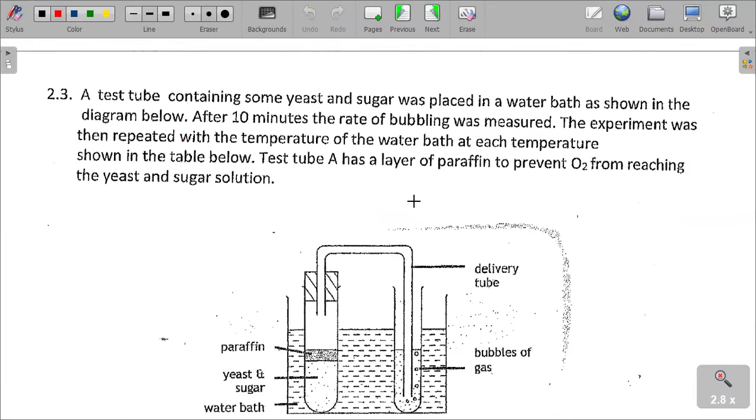A test tube containing some yeast and sugar was placed in a water bath as shown in the diagram below. After 10 minutes, the rate of bubbling was measured. The experiment was then repeated with the temperature of the water bath at each temperature shown in the table below. Test tube A has a layer of paraffin to prevent oxygen from reaching the yeast and sugar solution.